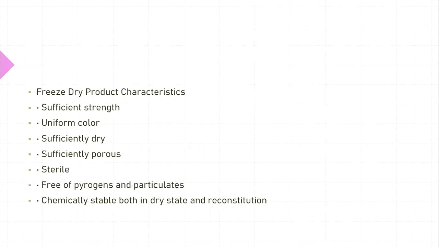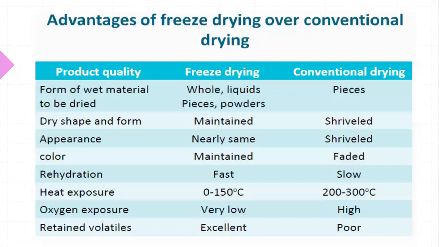Because the formation of bacteria or virus requires a certain temperature. So because this whole process is under lower temperature, the product is sterile and free from pyrogens and particulates.